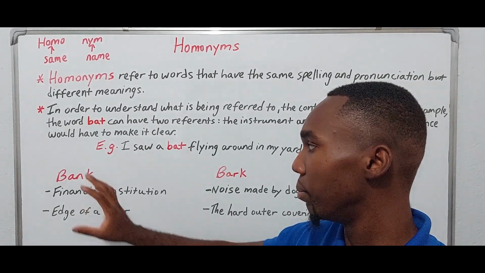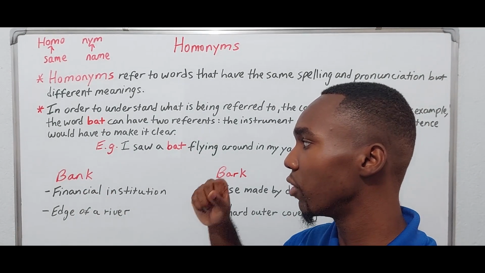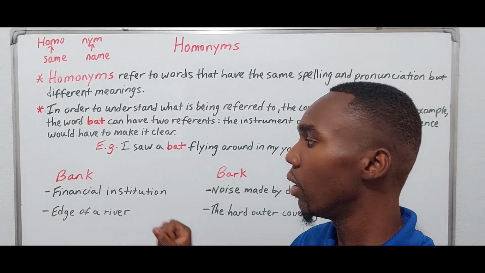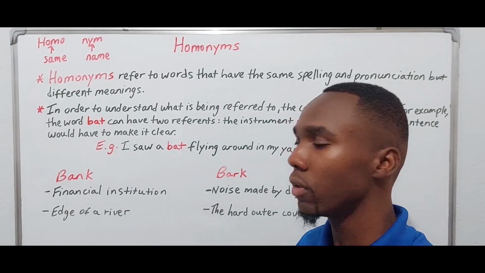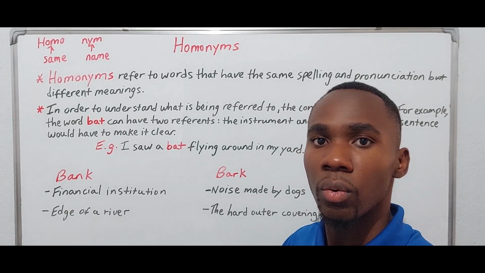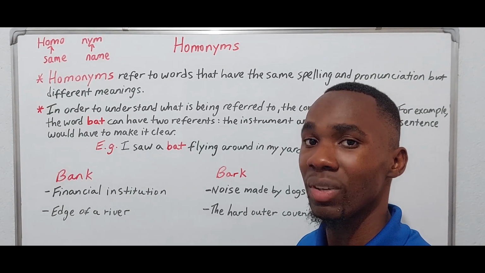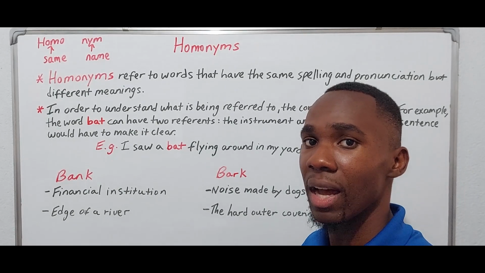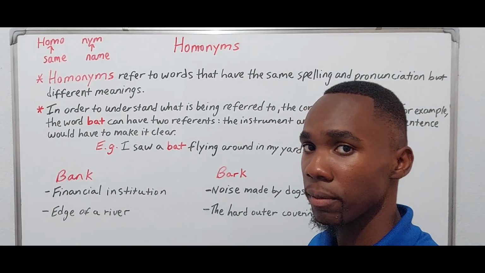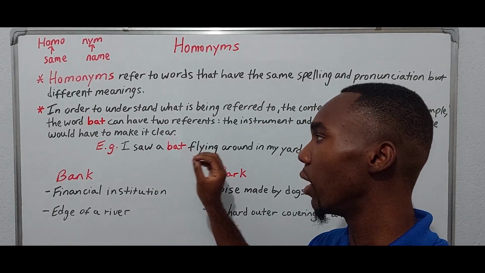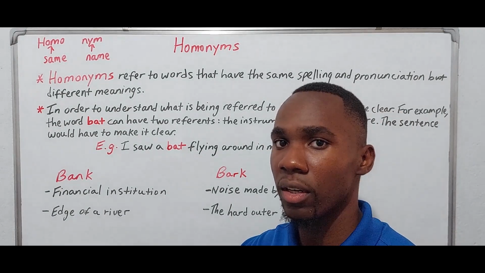So more examples, bank. So bank could either refer to the financial institution or it could refer to the edge of a river. And the only way we would know which one is being referred to is the context. The sentence would have to make it clear, right? Just like how I said here, I saw a bat flying around in my yard.